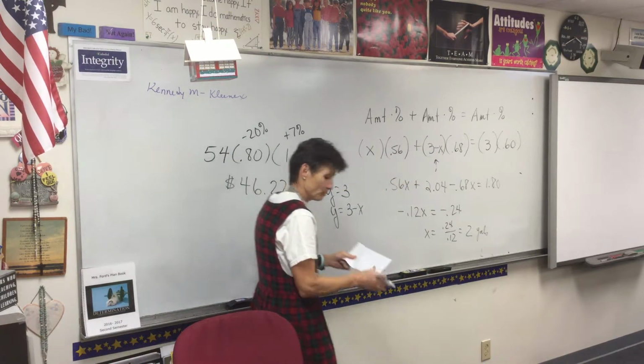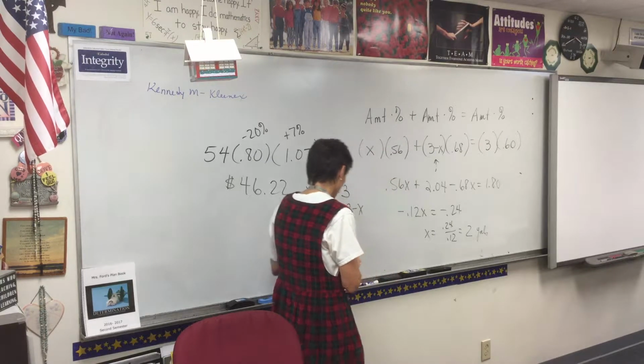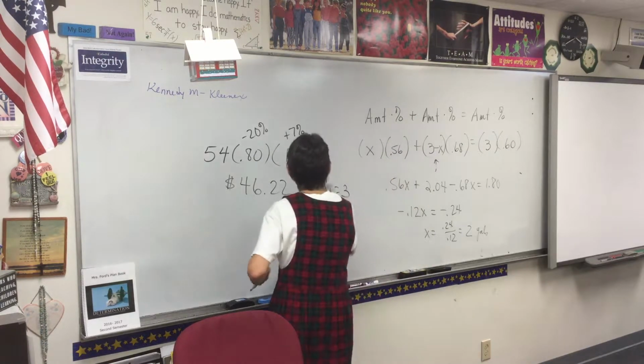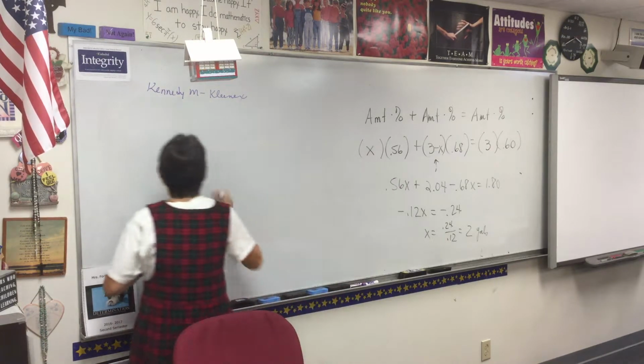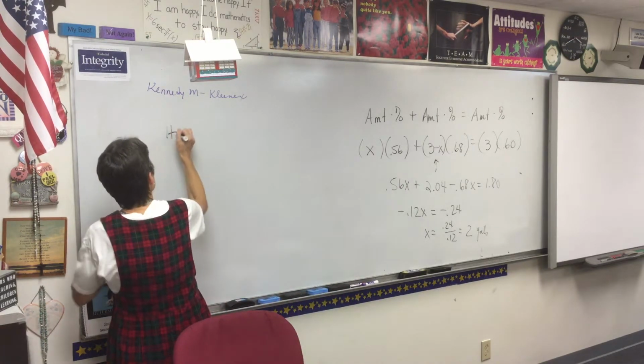All right, so you got a little room. Let's do one more of those mixture problems, okay? So let's say how much 52% solution needs to be mixed with 8 gallons of 81% solution to get a 63% solution.